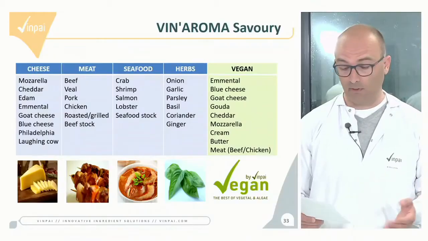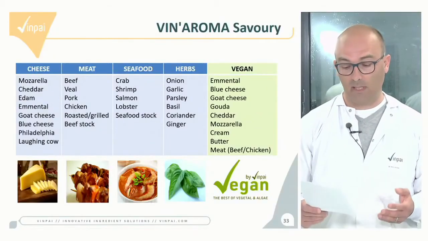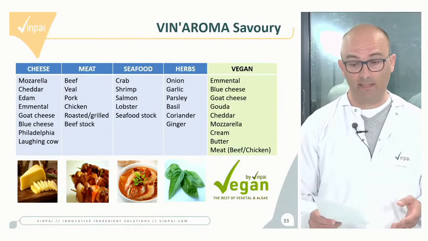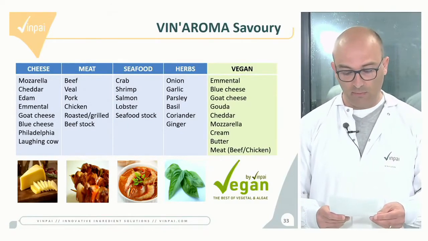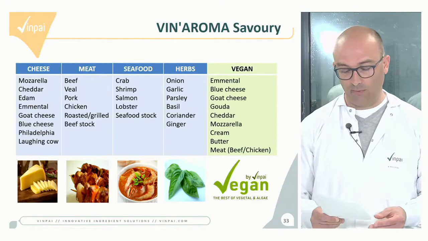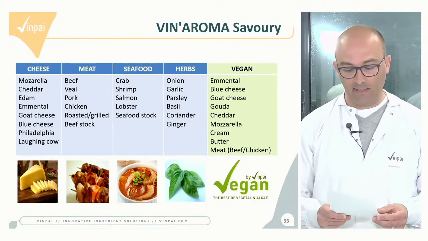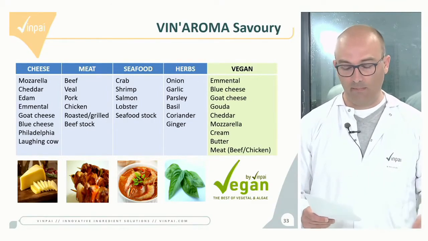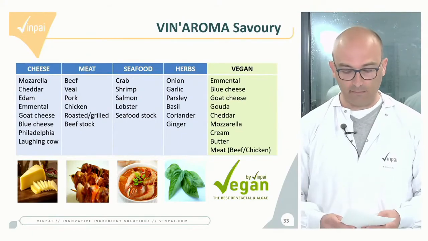First of all, VIN'AROMA Savory, which brings together all salty aromas as cheese, like Emmental or blue, meat like beef or chicken, seafood such as shrimps or lobsters, herbs such as onion or basil, and we have recently developed a range of vegan flavors that include the notes of cheese, cream, butter, meat.